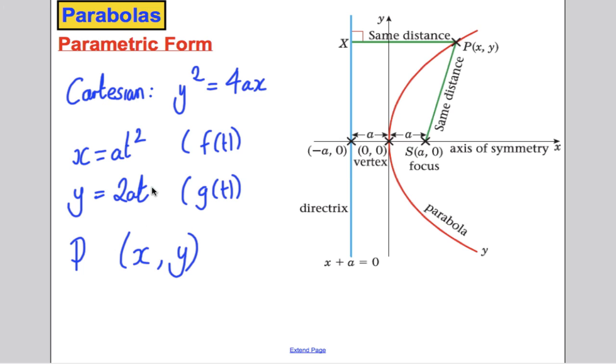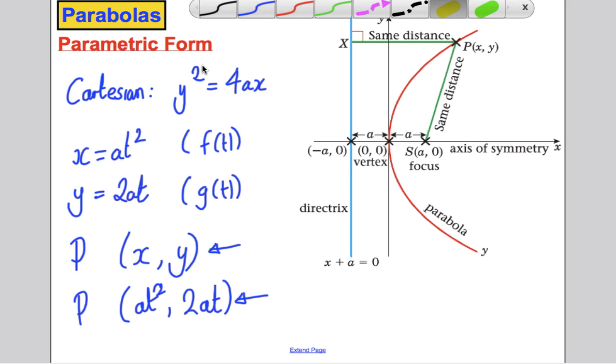Okay, but equivalently, any point would also have the coordinates (at², 2at), because x is at², and y is 2at. Now, sometimes, like when we derive the Cartesian form, it's easier to use x and y. Other times, it's easier to use at² and 2at. Also, sometimes we're just told which one to use and we have to be able to do it. So we have to be able to think of a parabola in that way.